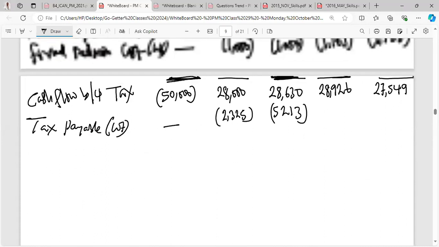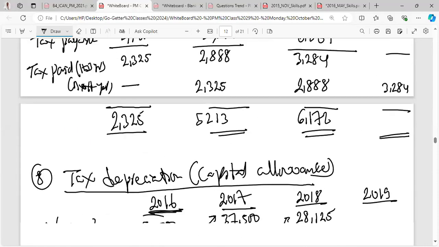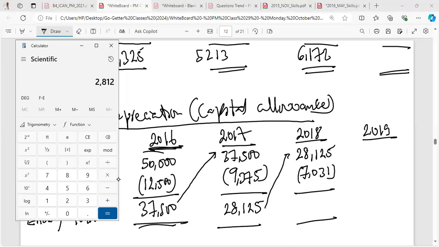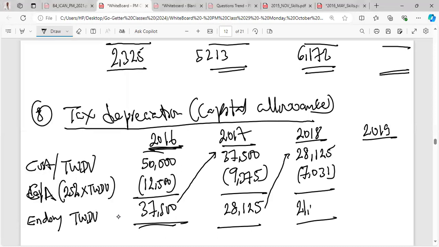All right, so we'll go to the last one. What a lengthy question this is. No wonder it is a question number one type of question. We have 28,125 minus 7,031, and that gives us 21,094. So you take it up again.